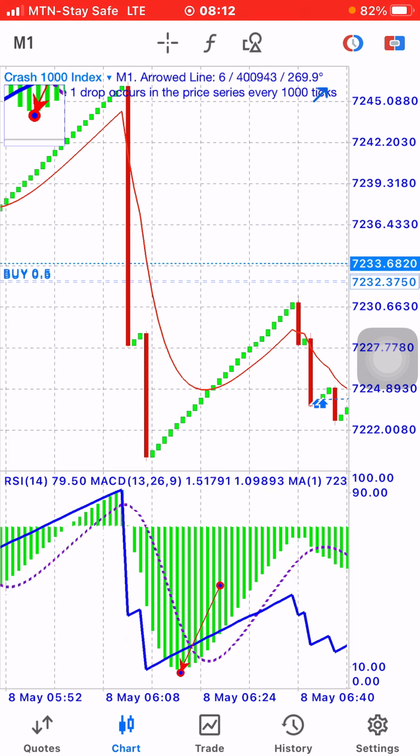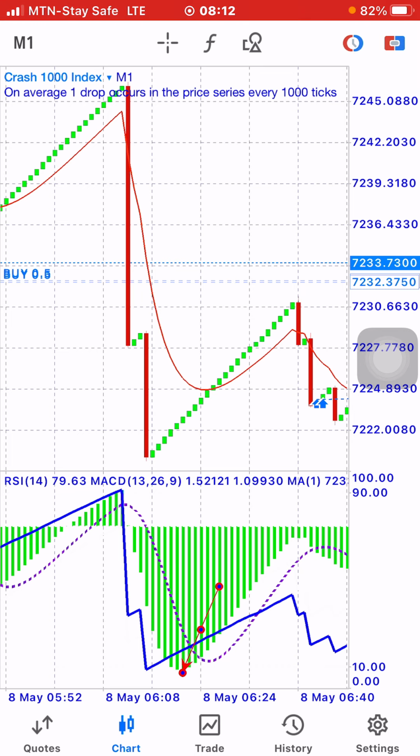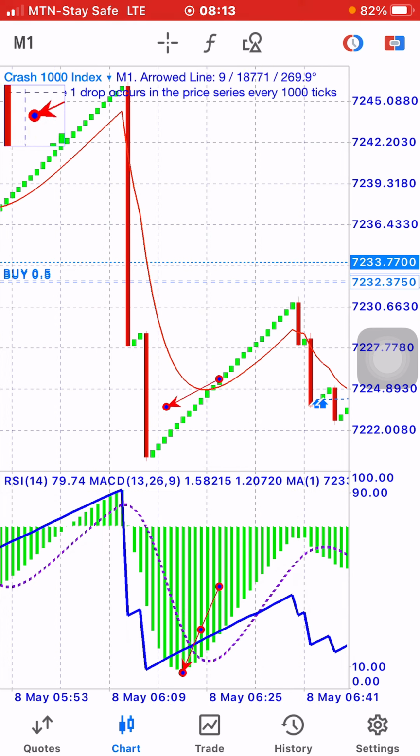Sometimes this blue line will cross at the same time this red tiny line crosses a candle here too. But sometimes one of these conditions will be met first.